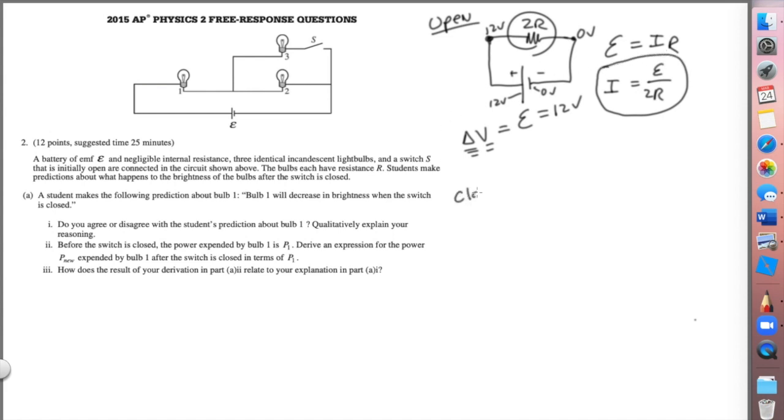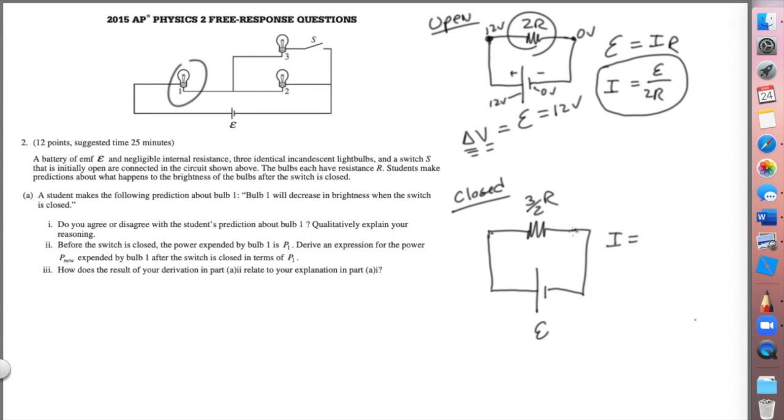Now, when the switch is closed, the circuit becomes this. It all simplifies down to bulb 1 in series with 2 and 3 simplified. And as we said earlier, that's going to simplify to 3/2 R. Using Ohm's law again, current is going to be the voltage across the simplified resistor divided by the total resistance.